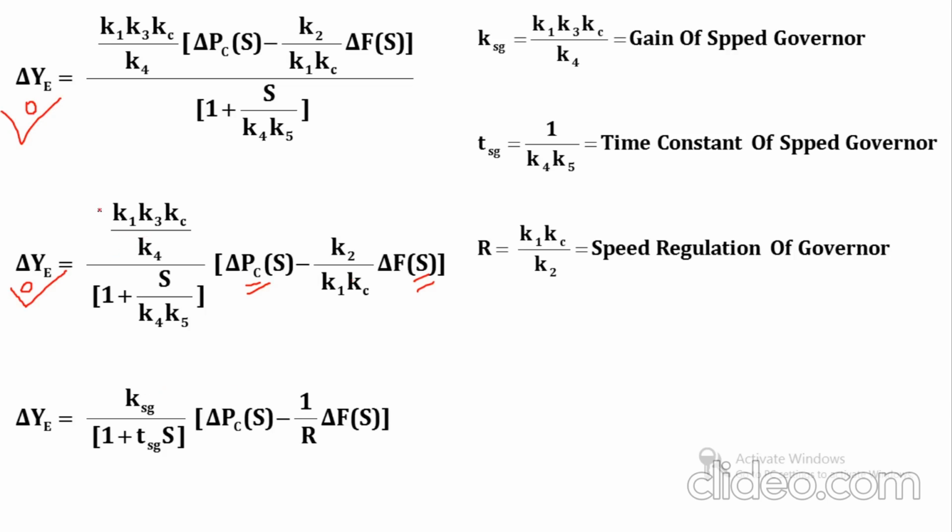I will replace K1, K3, Kc upon K4 with this constant Ksg, and this Ksg is the gain of speed governor. This is the Tsg, which is equal to 1 upon K4, K5, and this is the time constant of speed governor.